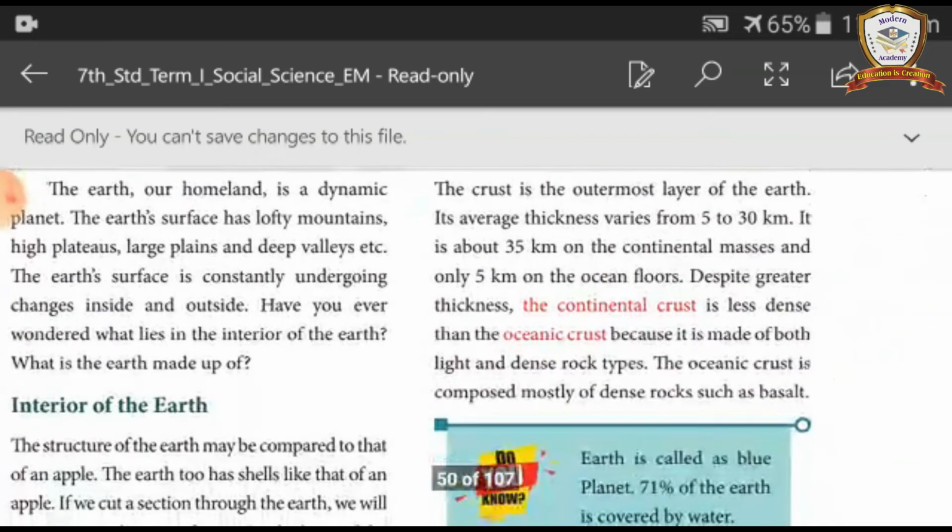The crust. The crust is the outermost layer of the earth. Its average thickness varies from 5 to 30 km. It is about 35 km on the continental masses and only 5 km on the ocean floors.